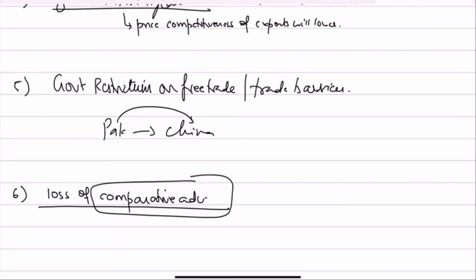So for example, if Pakistan had a comparative advantage in cotton production, which means that you have a comparative advantage whenever you can produce anything at a lower opportunity cost, right? So the opportunity cost of producing cotton in Pakistan was very low, maybe because the factor endowment for Pakistan was suitable for producing cotton. The agriculture was like that, maybe the soil was like that, and Pakistan's farmers and labor were highly trained and skilled to produce that.